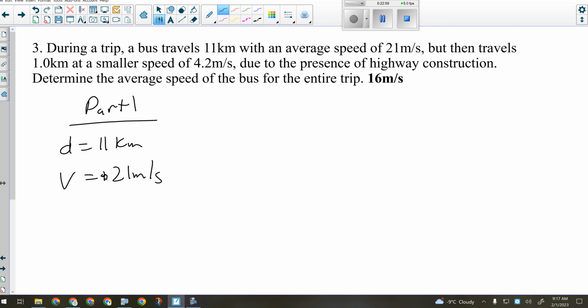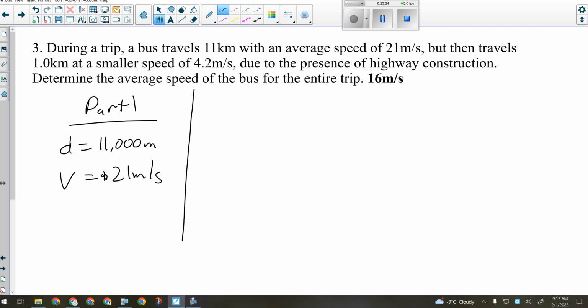Since speed has two sets of units, is it easier to convert the distance? How many meters in a kilometer? 1,000. So how many meters is this? 11,000. Simple conversion there, but just know your units always have to match.